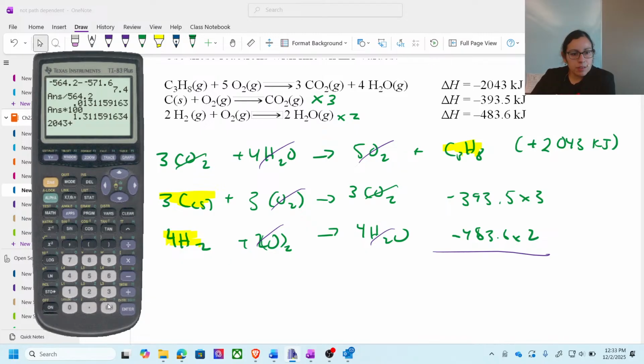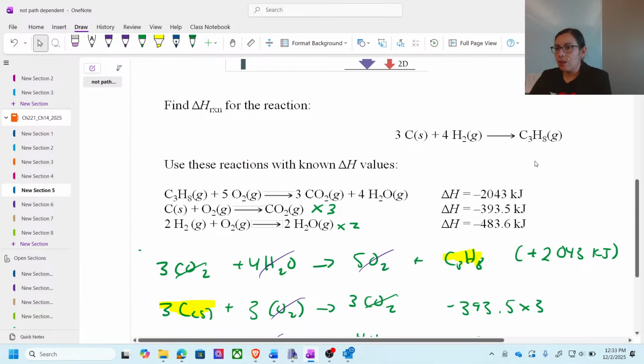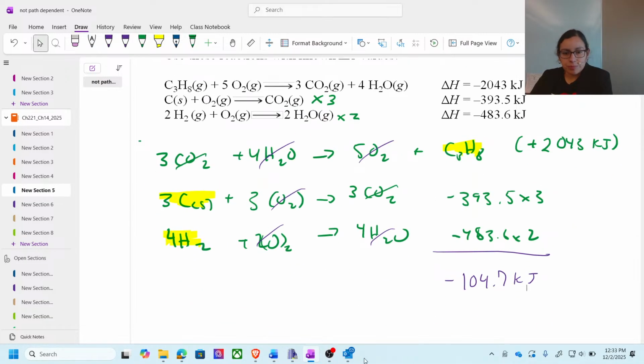And now plus negative 393.5 times 3, because again, we multiplied it by 3, plus 2 times negative 483.6. And so now we should have an overall change in enthalpy for this of negative 104.7 kilojoules. And so again, that's also our standard heat of formation for propane.